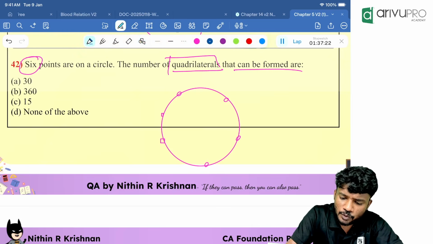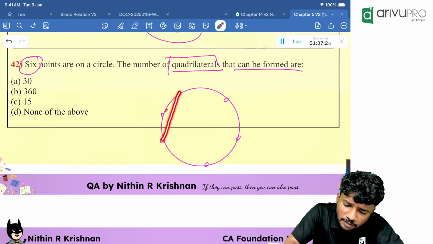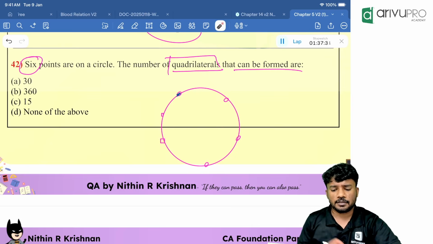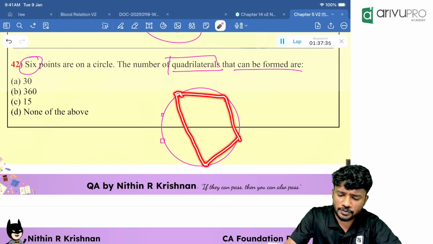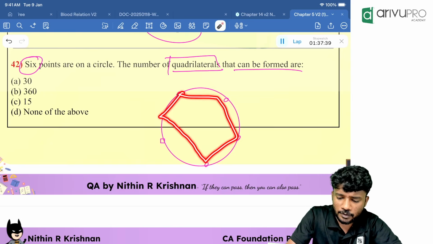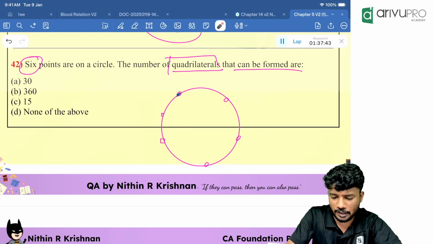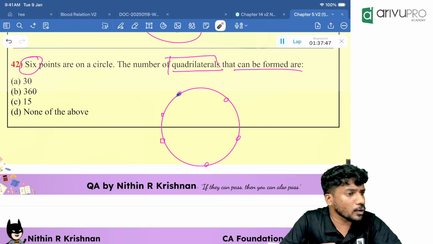We are going to join, for example, I am joining these 4 points to get a quadrilateral. Or I am joining these 4 points to get a quadrilateral. Or I am joining these 4 points to get a quadrilateral.